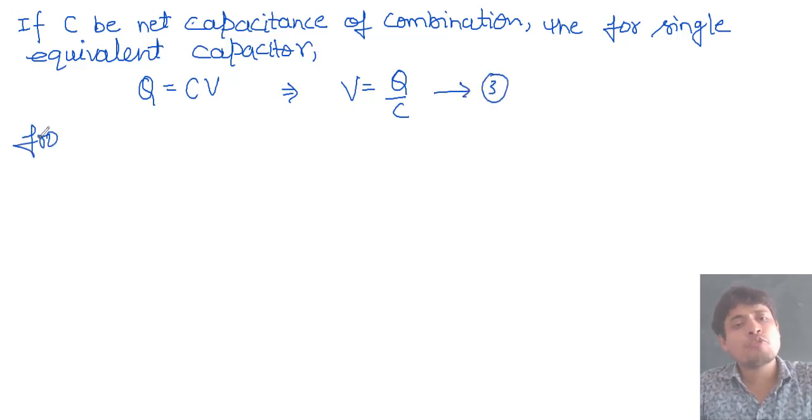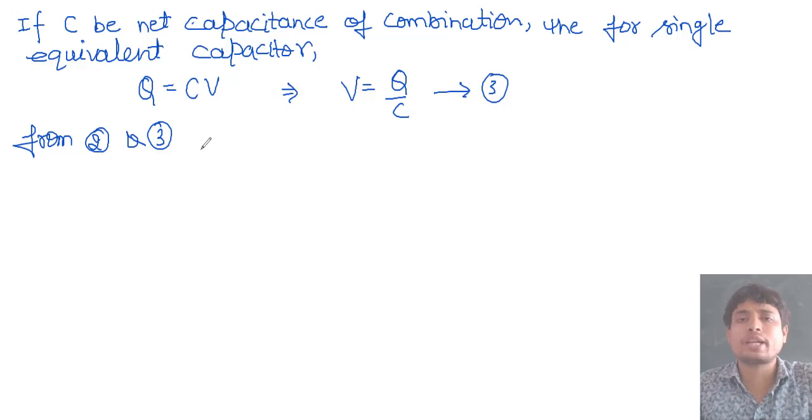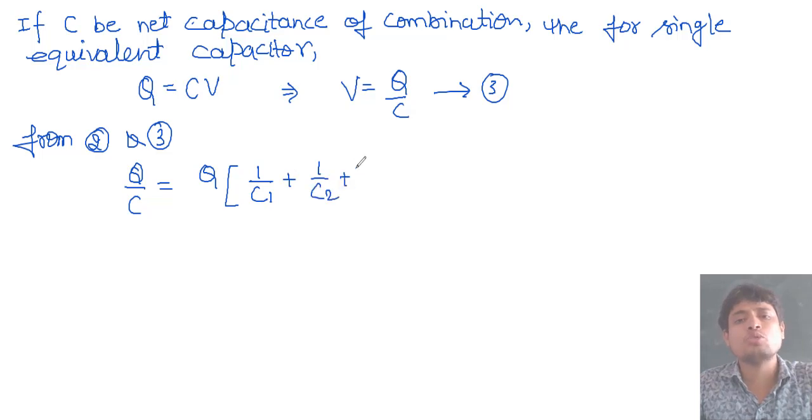From second and third, you can see one side is equal, so the other side will also be equal. Q by C equal to Q times (1 by C1 plus 1 by C2 plus 1 by C3). Q and Q cancel out.